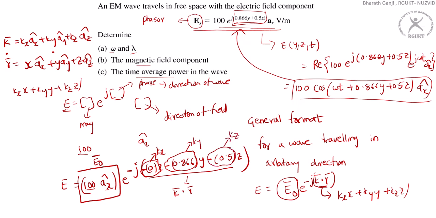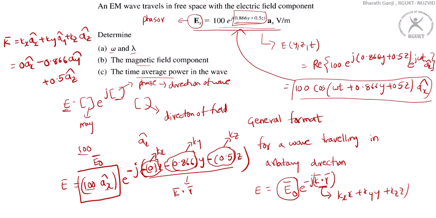So in order to have the similarity, the k bar vector I get is 0 times of ax cap plus minus 0.866 times of ay cap plus 0.5 times of az cap.